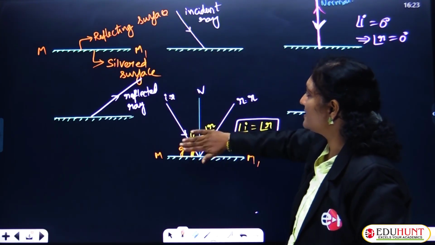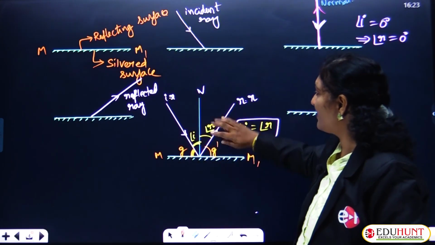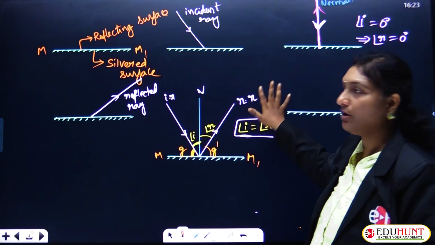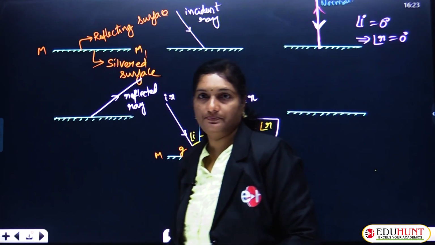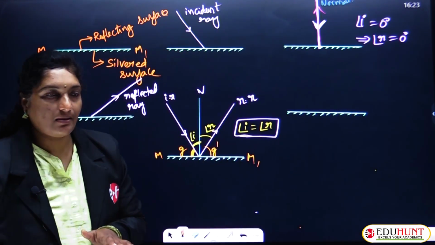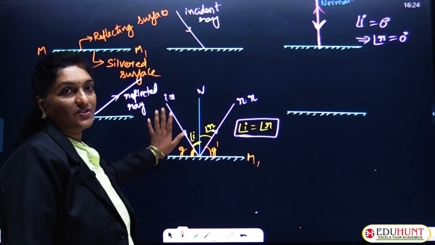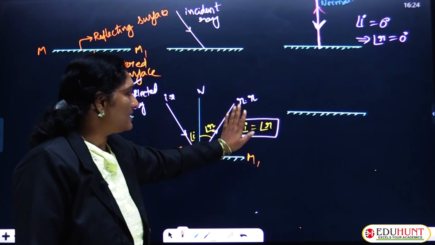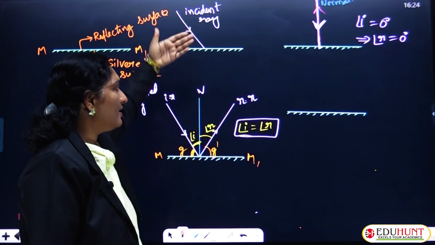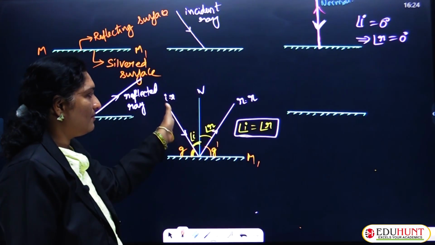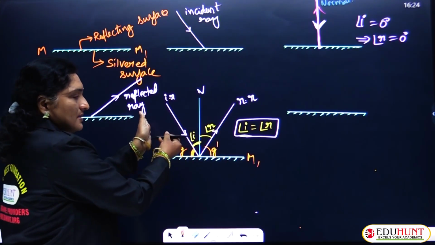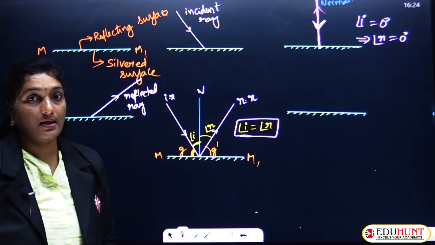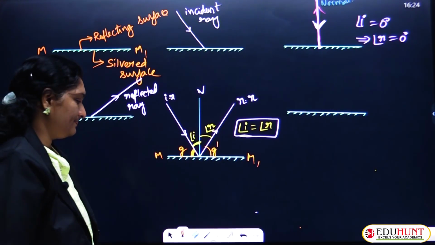The normal also lies in the same plane, whereas the reflected light ray also belongs to the same plane, the plane of this board. Okay. So what we suppose is the incident ray, the normal drawn to the surface, and the reflected ray all lie in the same plane. They are not in this surface or the other surface, all lie in the same plane. This is all about your second law.